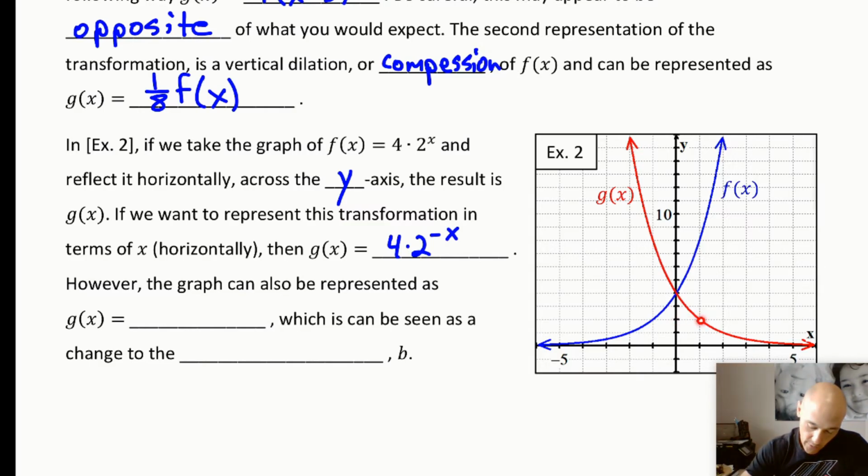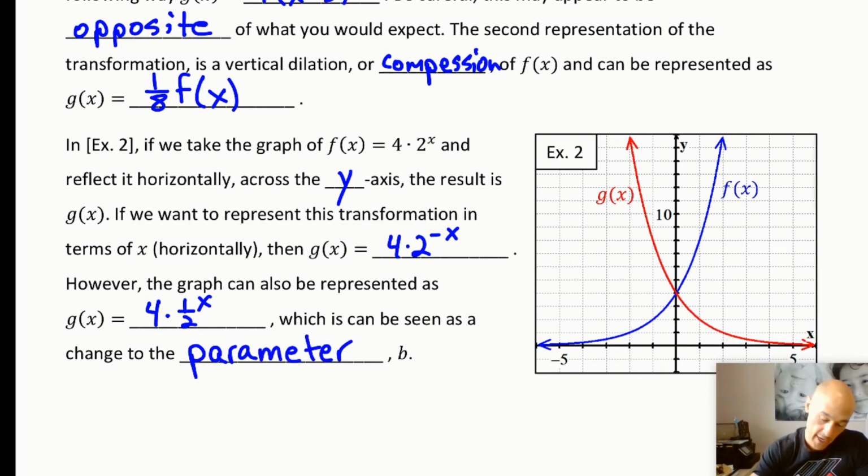Excuse me, our y value here is 2, and when we move to the right 1 unit, our y value is 1. So we're dividing by 2, which remember is the same as multiplying by 1/2. So our a value is 4 times 1/2 to the x, which can be seen as a change to the parameter b.